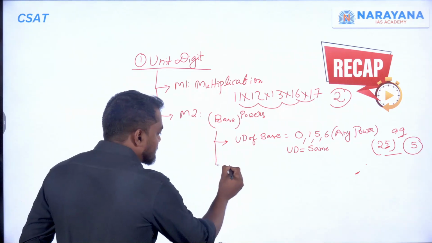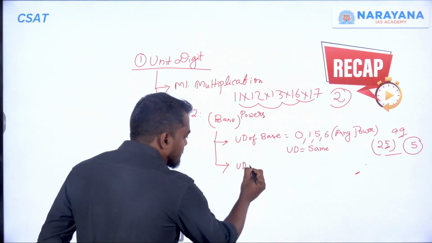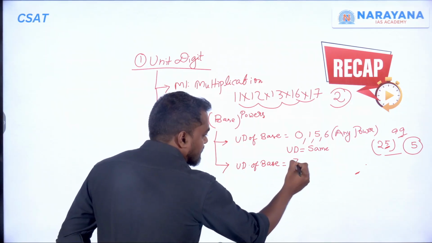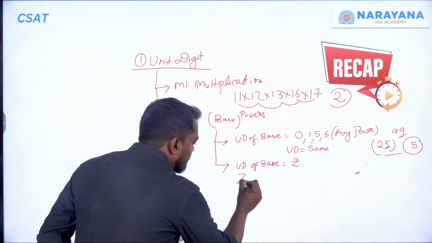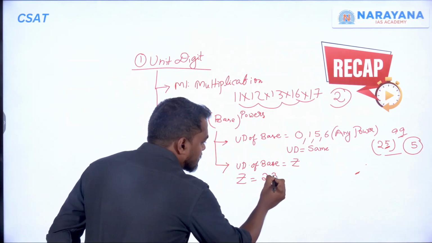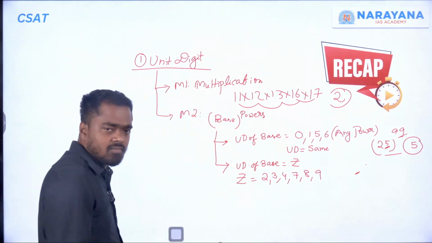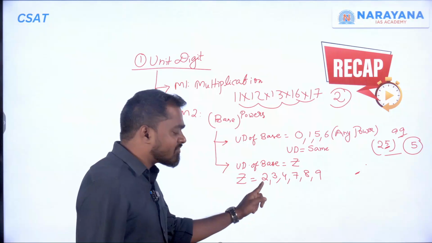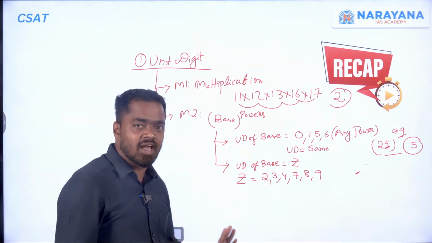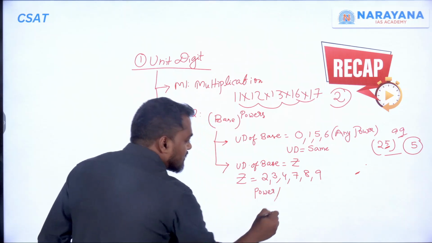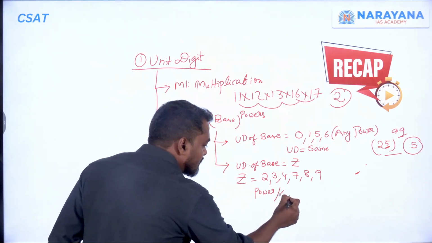Now there is the second submodel, that is if the unit digit of the base, for example, is z. Z can be 2, 3, 4, 7, 8, 9. If the unit digit of the base is 2, 3, 4, 7, 8, 9, you have to take the power and divide it by 4.